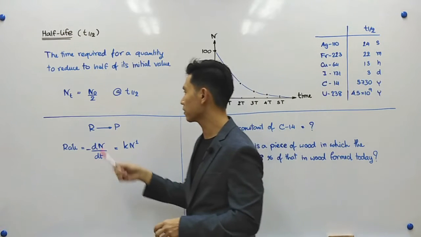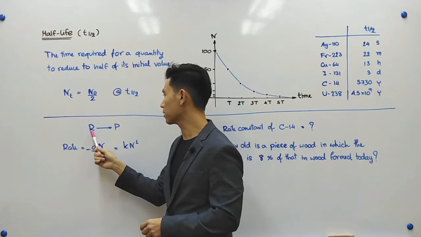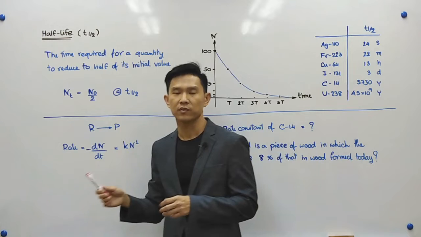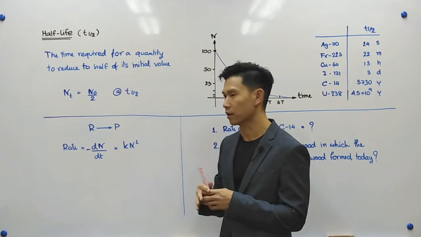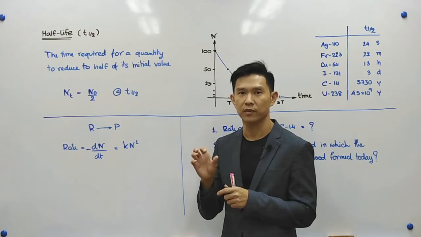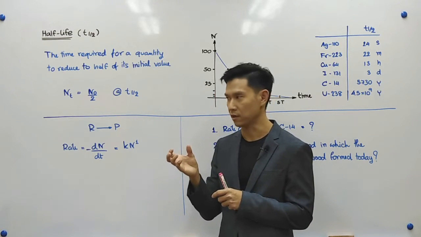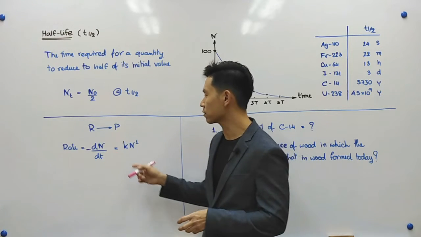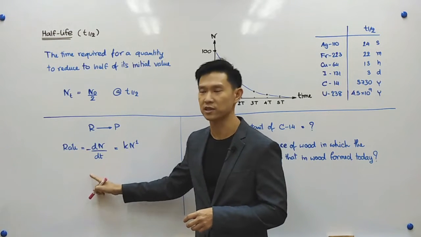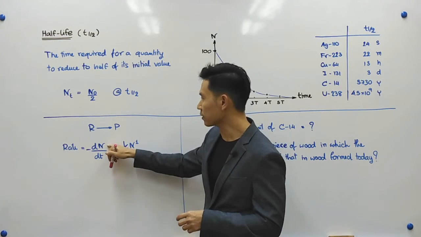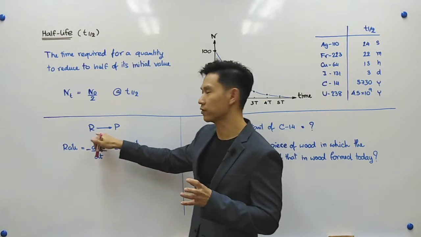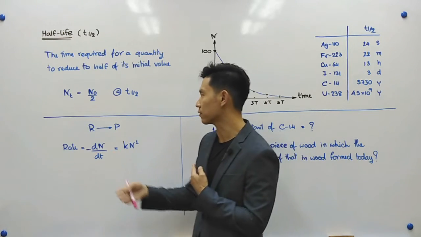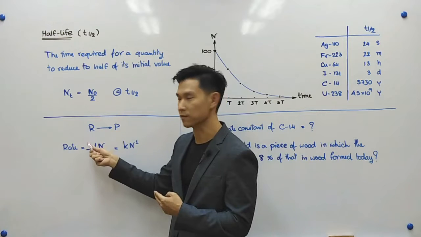So if we have a starting material, the reactant, which decomposes to a product like this, the rate equation we can calculate from the change in the amount of compound over the change of time, right? So we can write it in the form of a differential equation like this. N is the number of nuclei of the reactant, so dN/dt is the rate of decrease of the starting material.